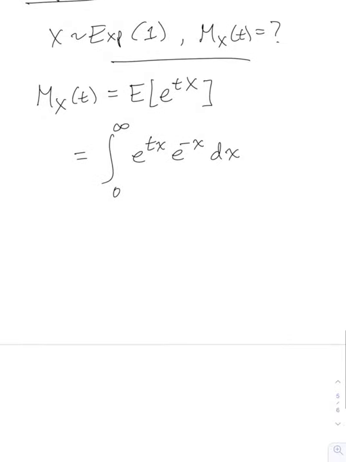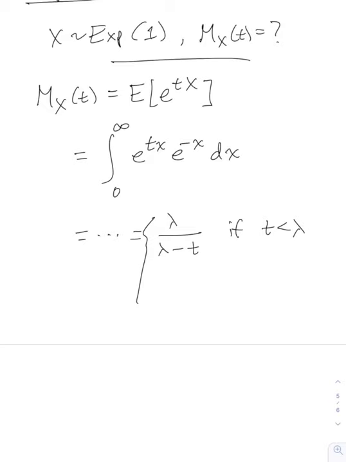Do this calculus and get lambda over lambda minus t if t is less than lambda, but the improper integral diverges when t is greater than or equal. Well, wait a minute.